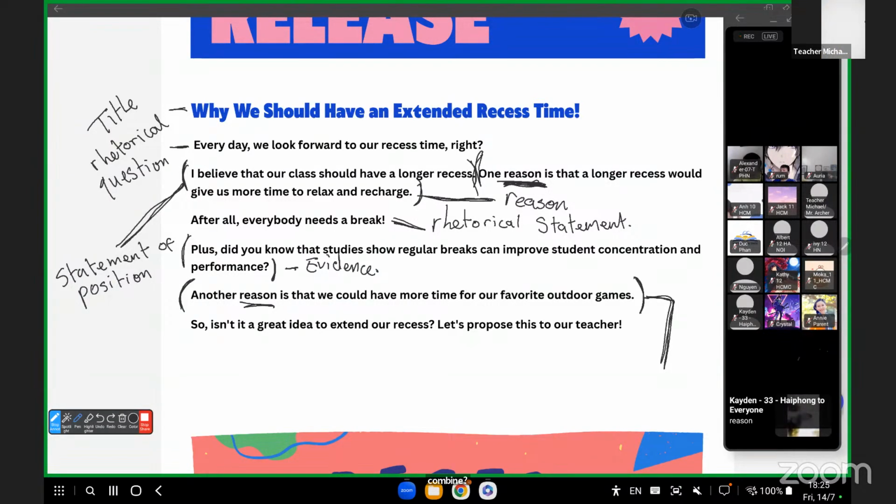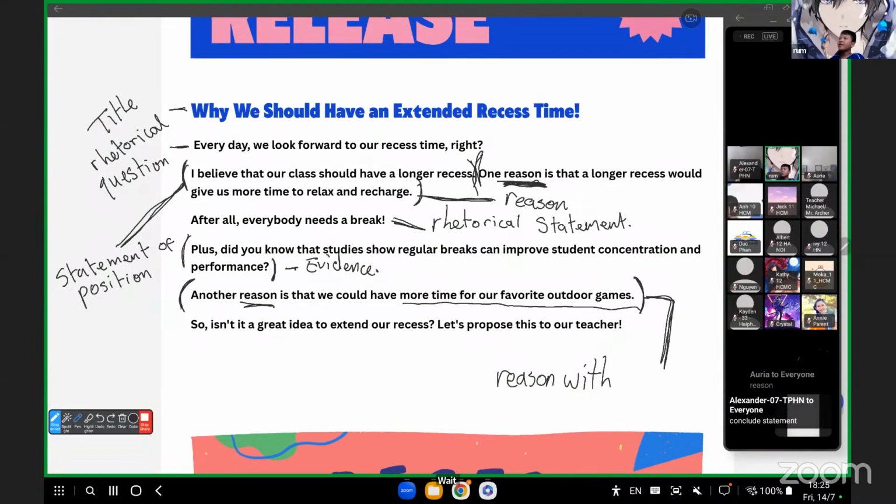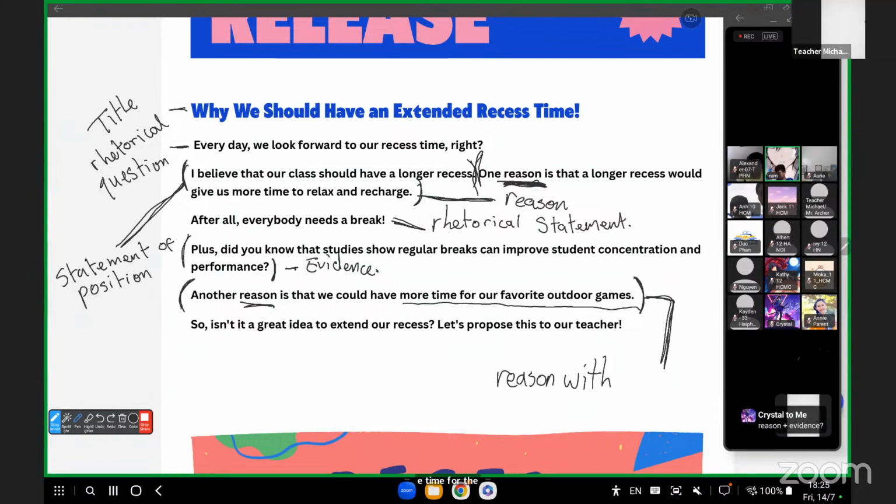Very good. It combines a reason with what? No, not a conclusion. That comes next. It is with more time for the favorite outdoor game. Very good. Crystal, correct. Reason with evidence.